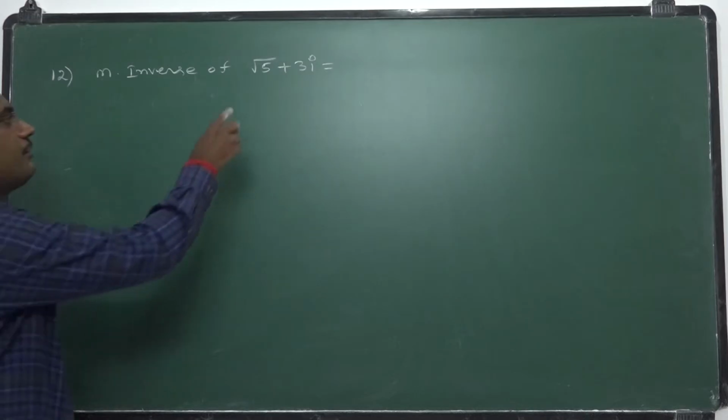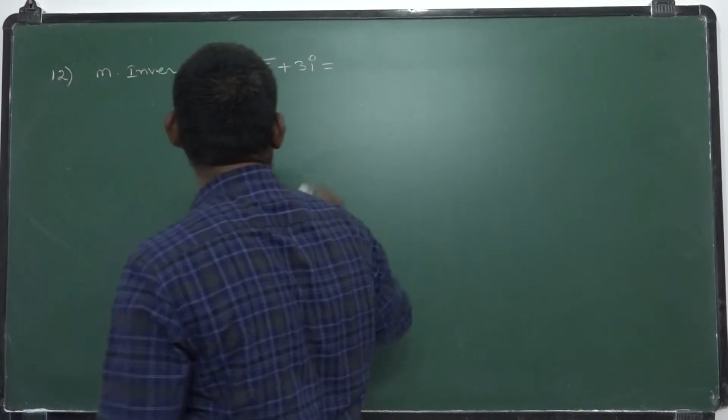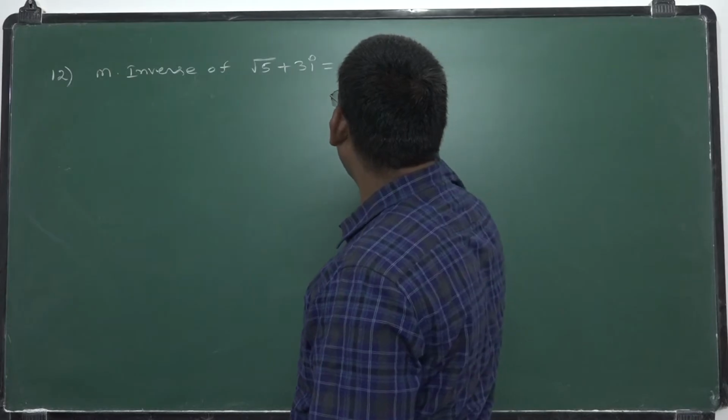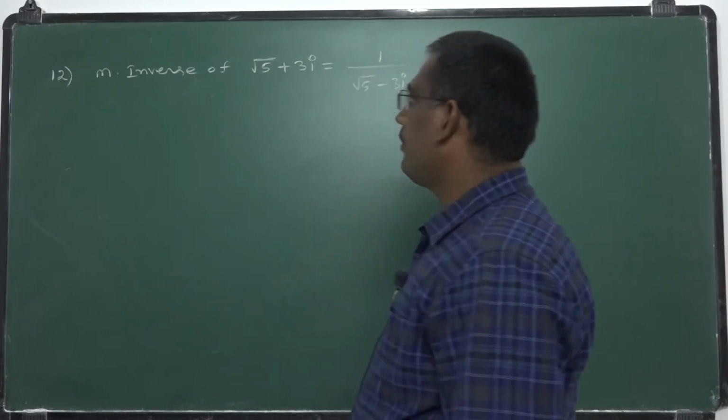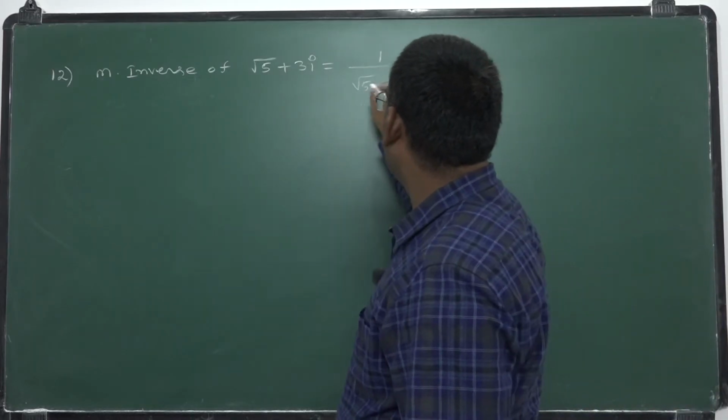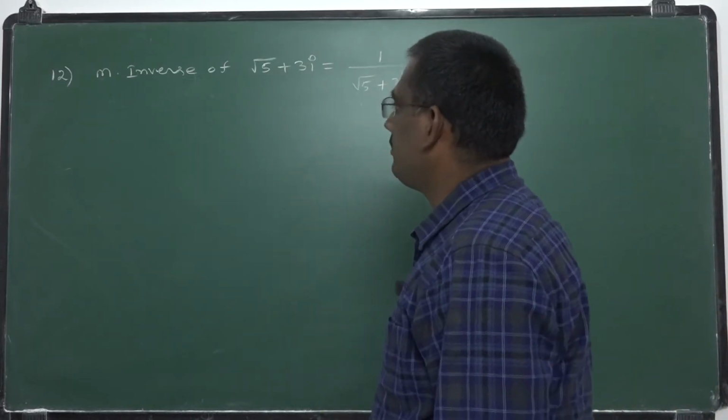So multiplicative inverse of root 5 plus 3i is equal to 1 by root 5 plus 3i.